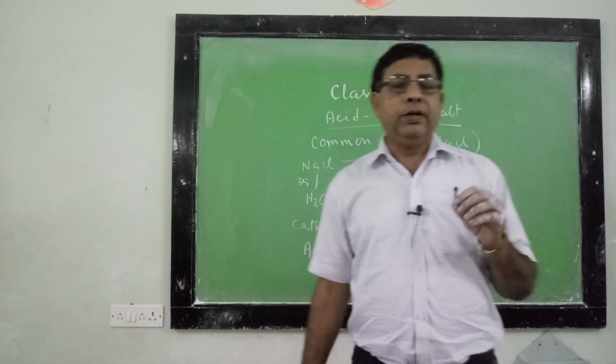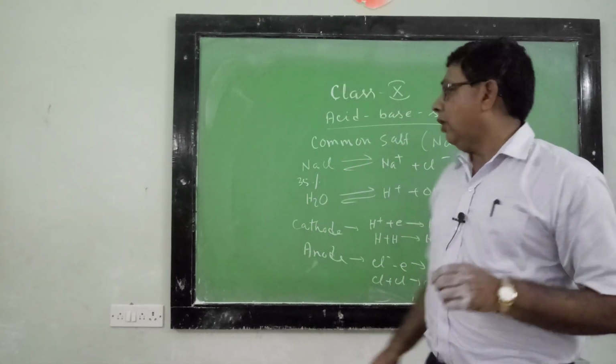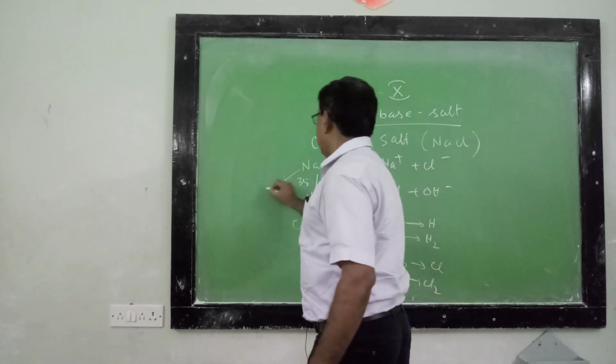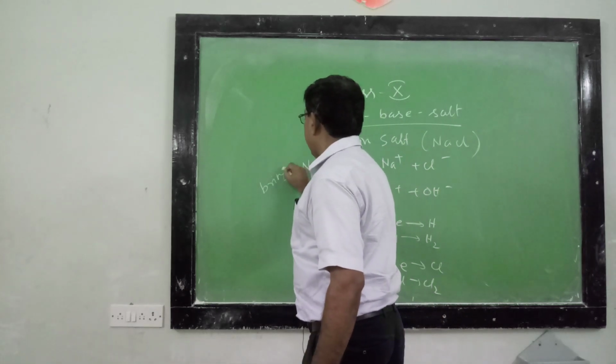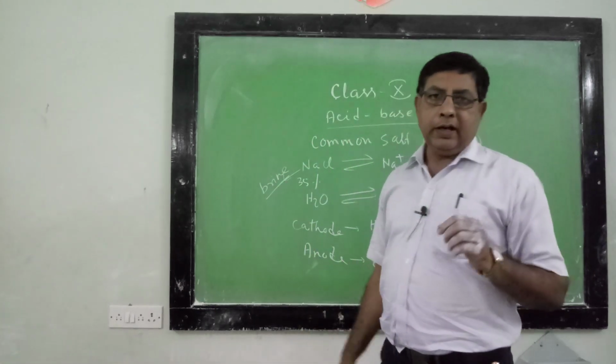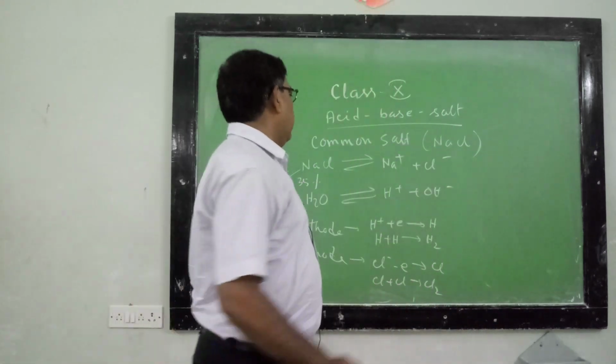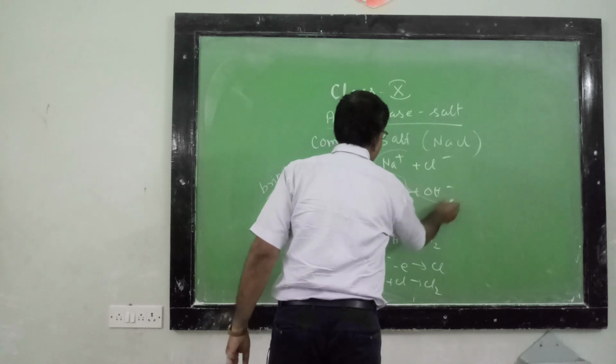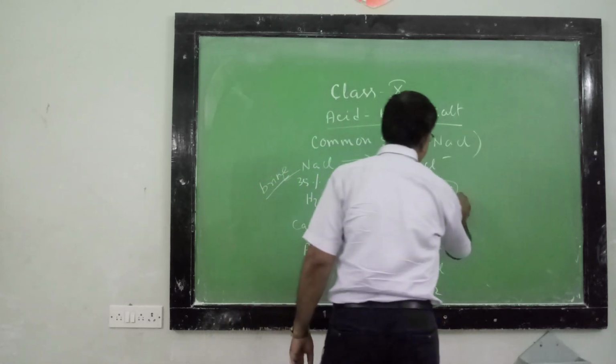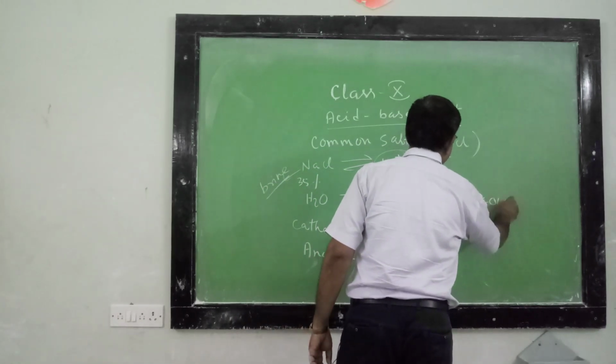That is, during electrolysis of brine solution, 35% NaCl solution is known as brine solution, we get hydrogen at the cathode, chlorine gas at the anode, and what is the solution left? The solution left is Na+ OH-, that is sodium hydroxide.